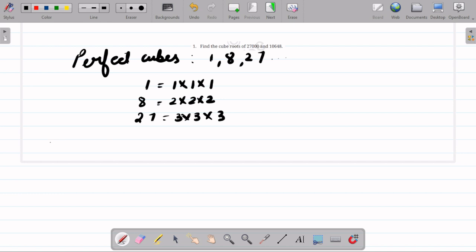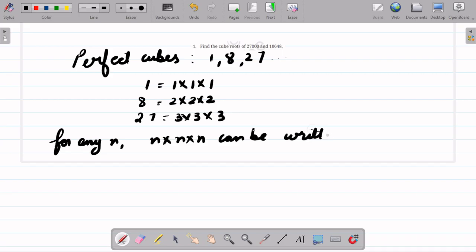In general, for any number n, n cross n cross n can be written as n cube. We use the power 3 here. Hope this is clear, right?